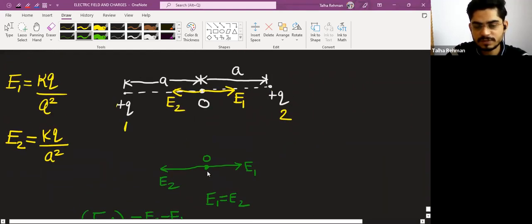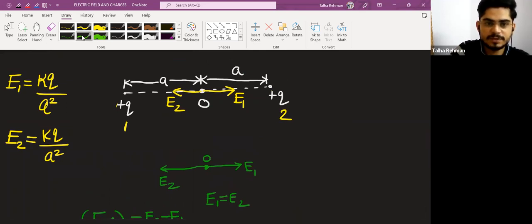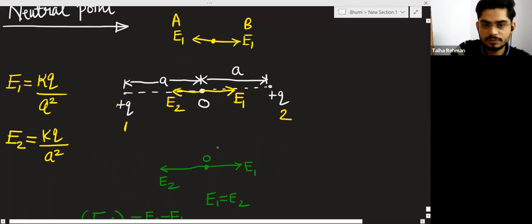We have seen this is a neutral point. The electric field is zero at this point O. Neutral means no electric field.